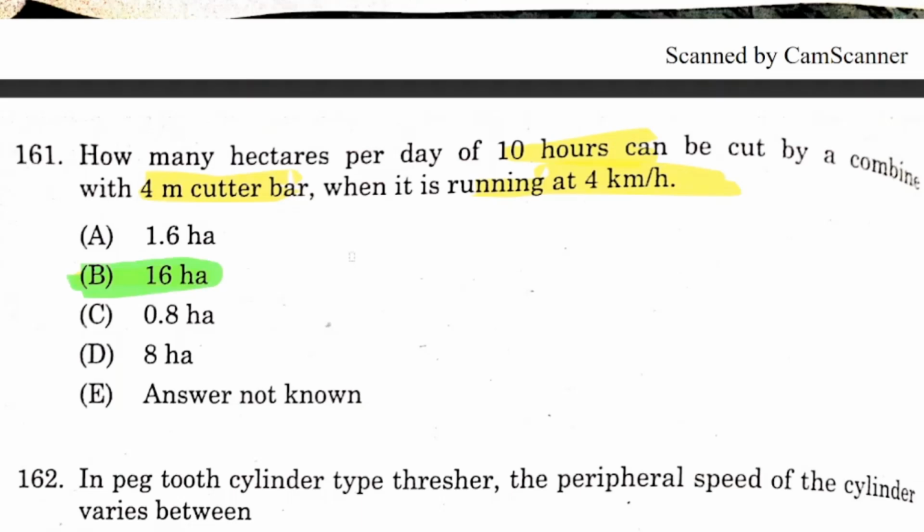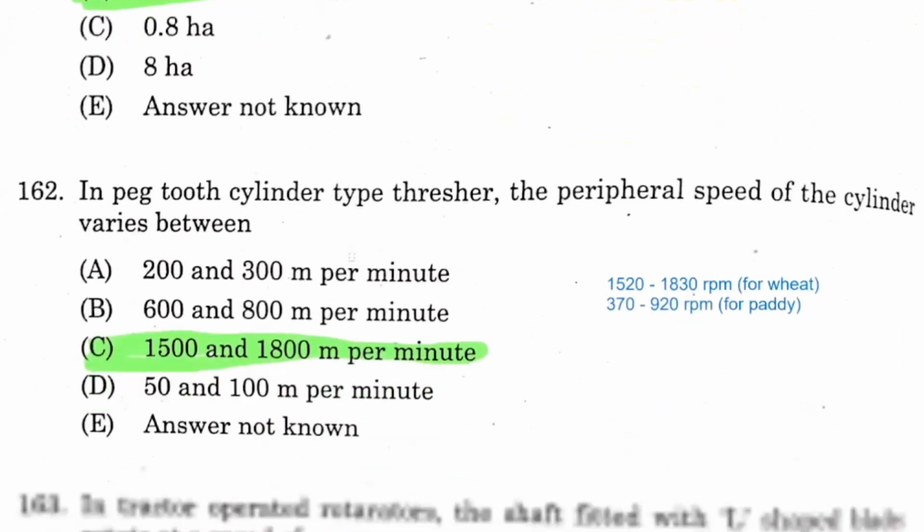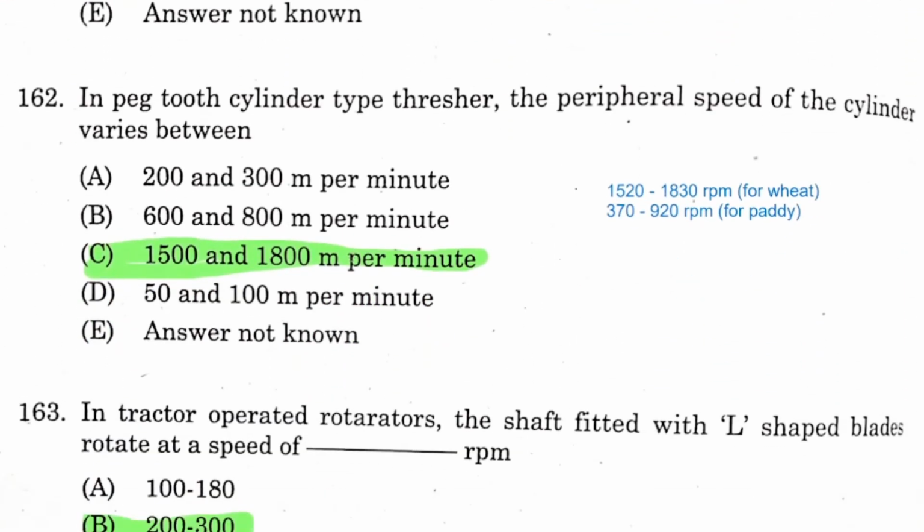If we multiply 4 meter into 4 kilometer, meaning 4 into 1000 meter per hour, into 10, then we will get 16 hectare here.